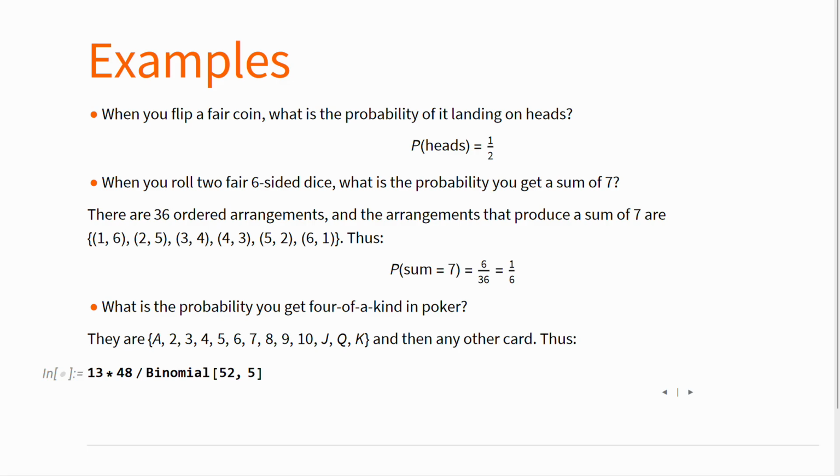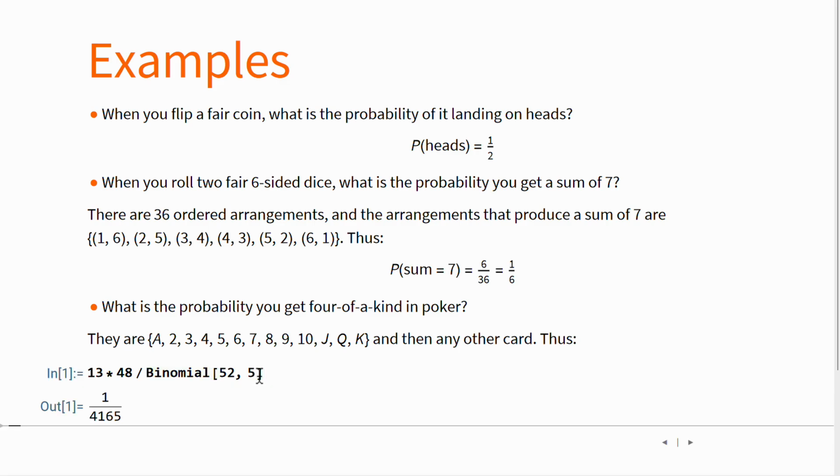So that makes 13 times 48 arrangements for our event. Then the sample space is choosing any 5 cards out of 52 cards, which is the binomial 52, 5, because the cards are unordered. So the probability is 13 times 48 divided by the binomial 52, 5.